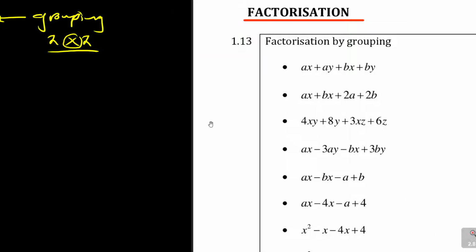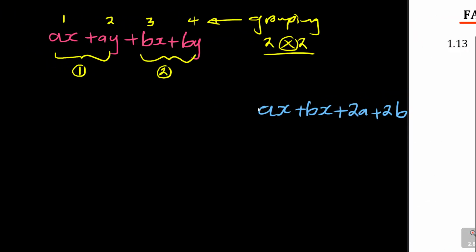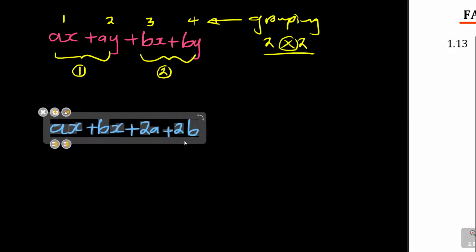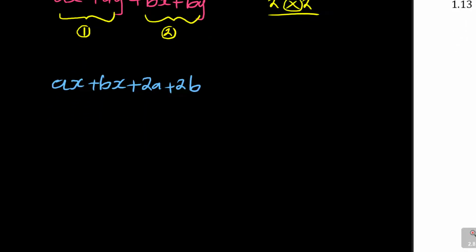Let's look at this one though. Ax plus bx plus 2a plus 2b. We want to factorize this one here. So it's ax plus bx and plus 2a plus 2b. Whenever you're given a factorization question, ask yourself, if it's 4 terms, it means you are going to group.